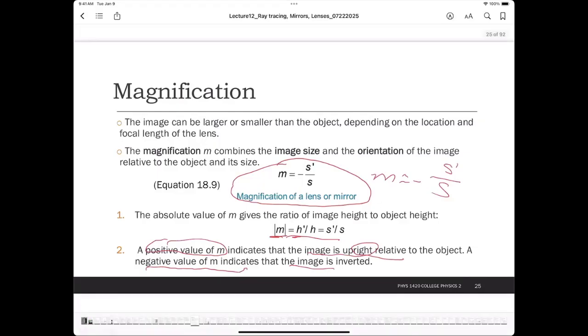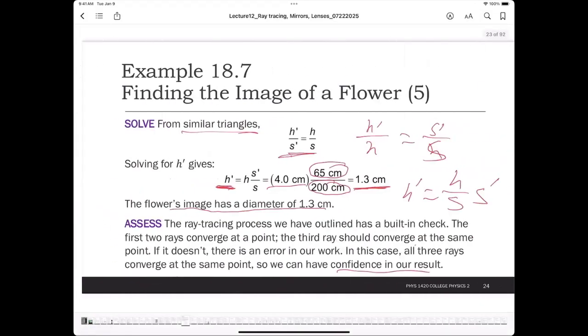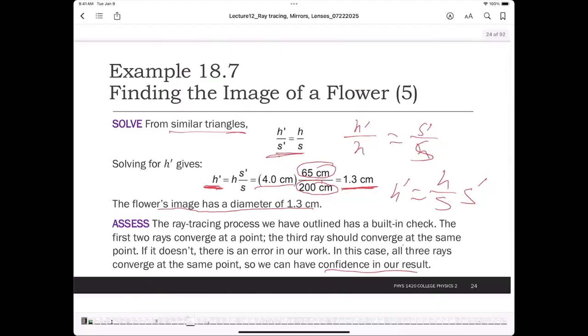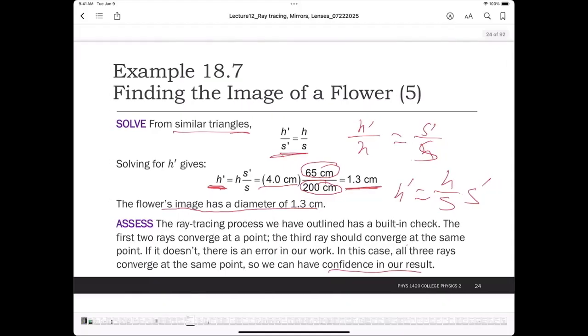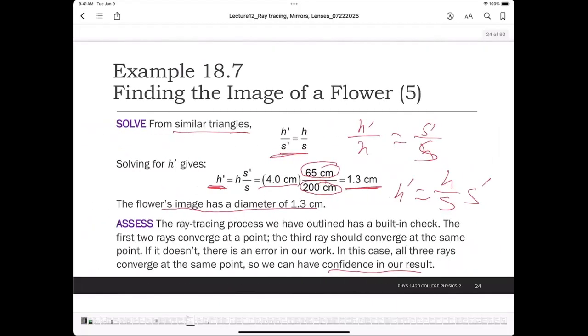Which means, you can see here, if s' over s is positive, it is upright. But here they haven't defined m, so we just ignore m.